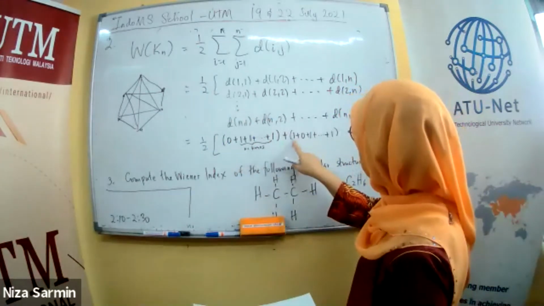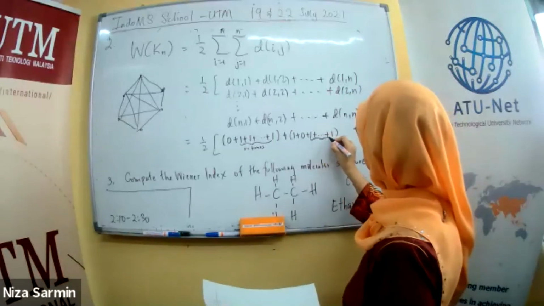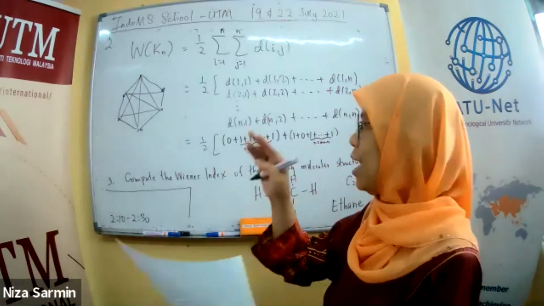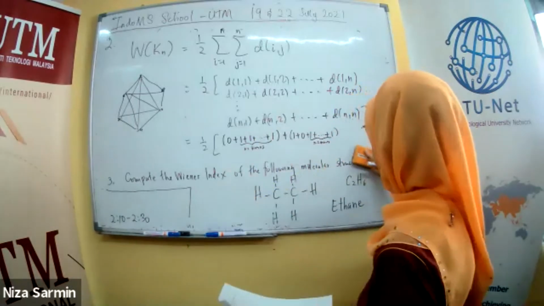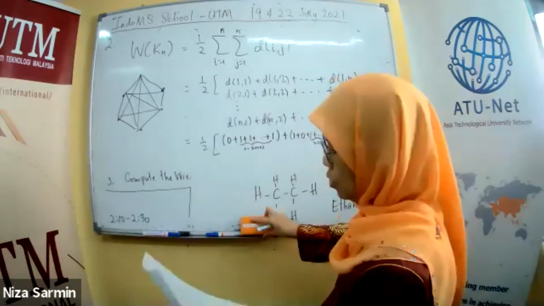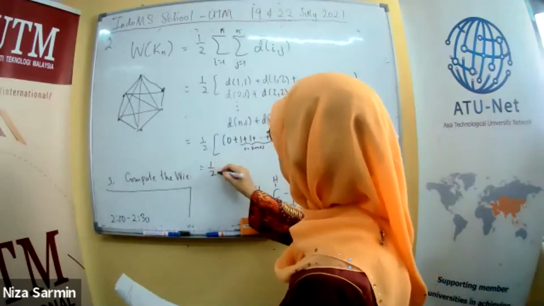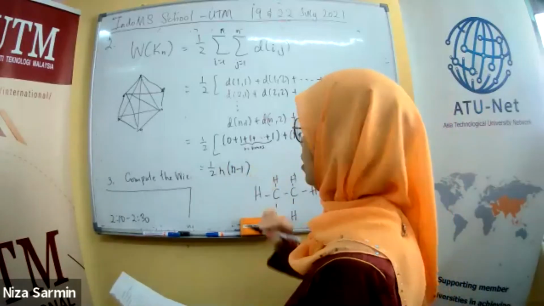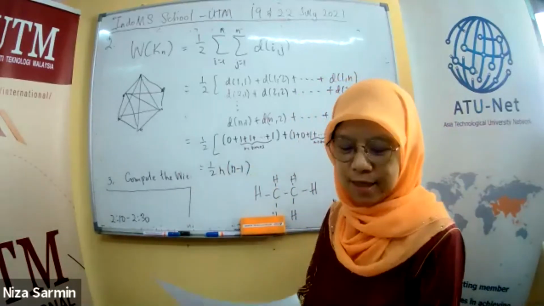So this one is n minus 2 times. And then you do it until n times. So you get one half n times n minus 1.